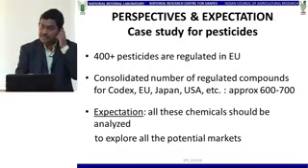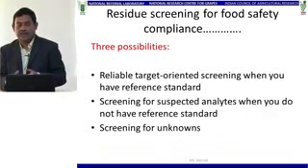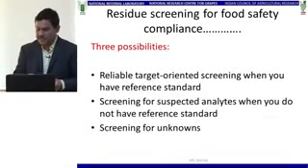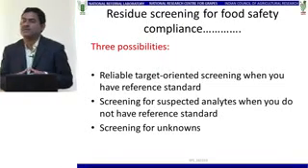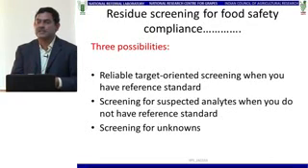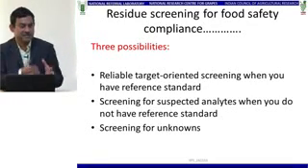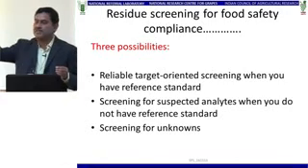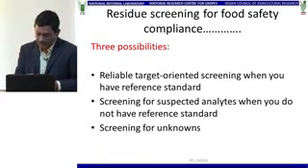So this is the main idea, and when you go for such type of analysis, there are three possibilities. If you have a reference standard in your laboratory, then you can go for reliable target-oriented analysis. That means you can detect the compound and you can also quantify the compound. You have the reference standard, so you can develop a calibration line, and through that you can estimate the concentration.